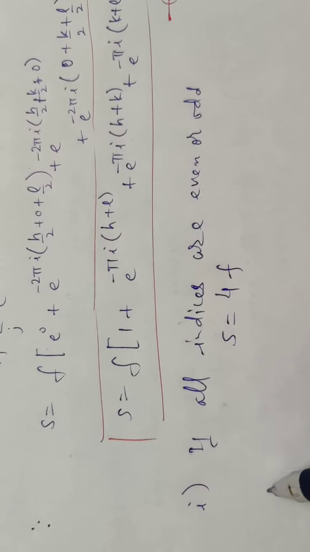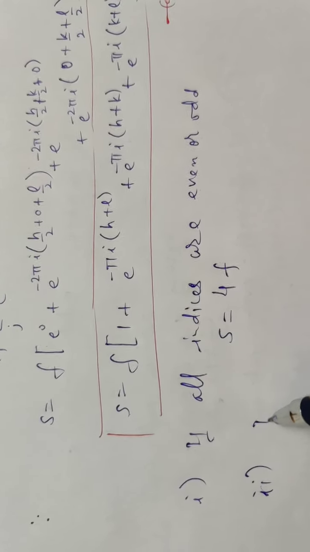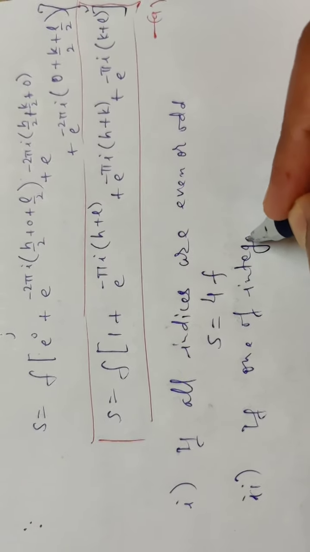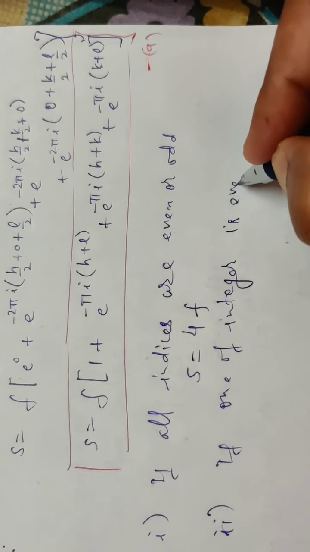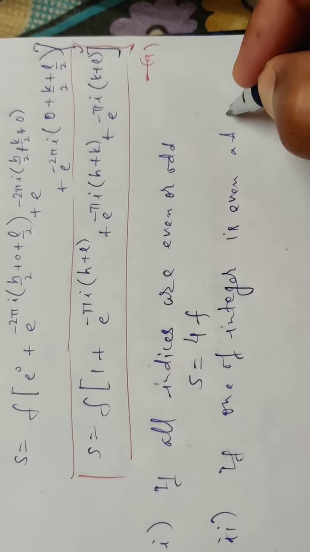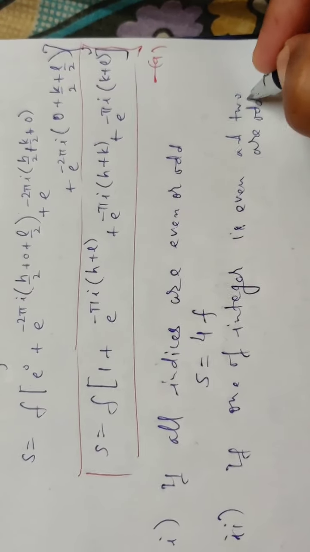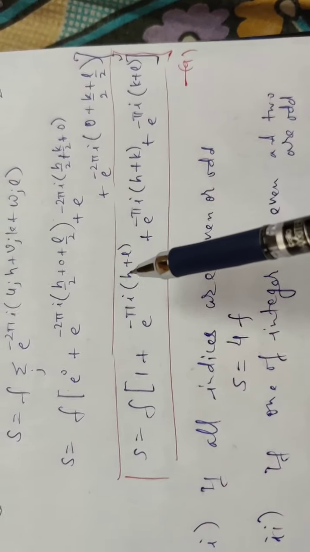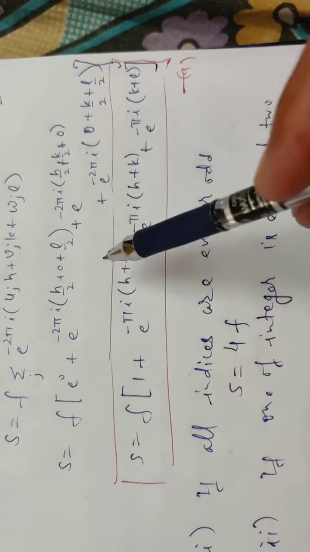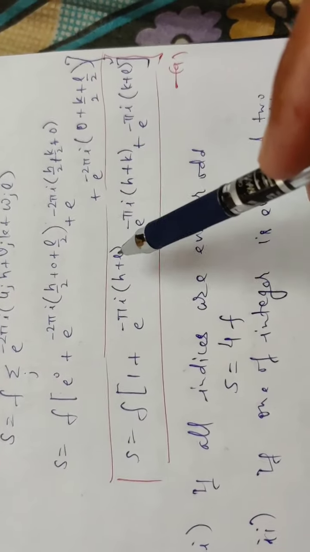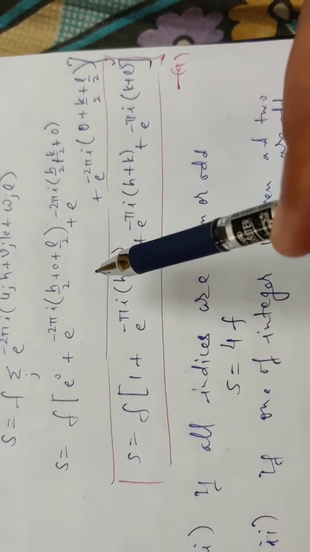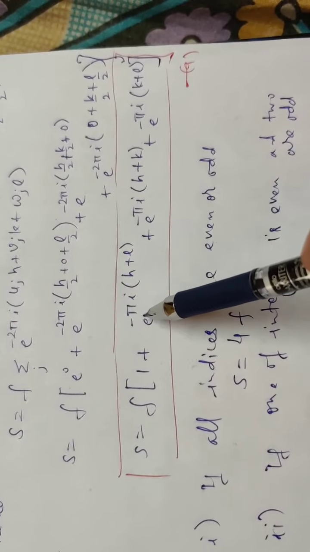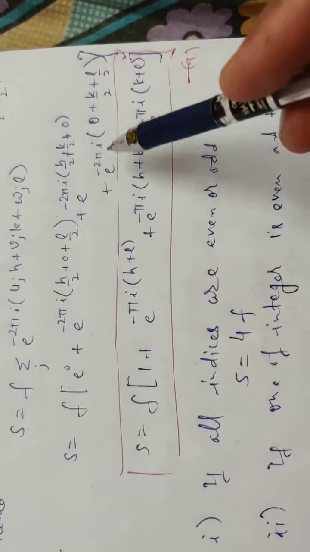Now second, if one integer is even and the other two are odd, then some terms will be 1 and others minus 1, so the whole thing will cancel.